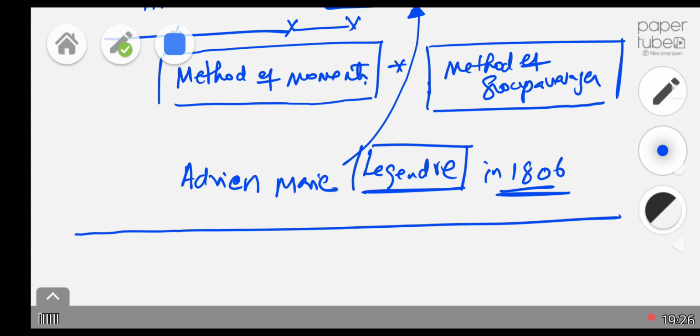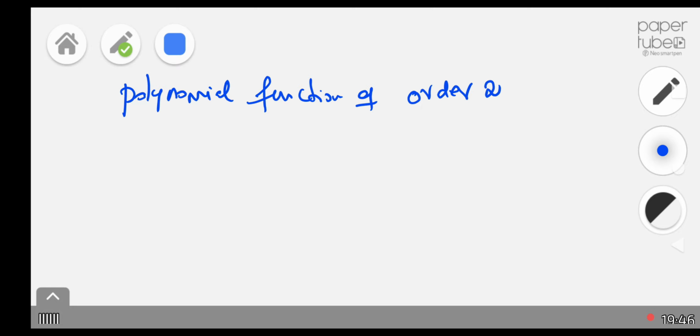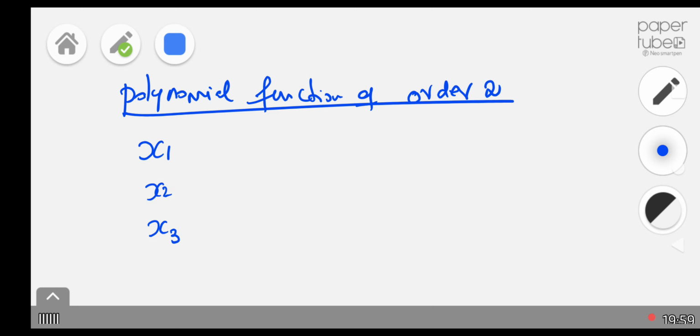So let's try to solve a few functions using the method of least squares. Let's begin with a polynomial function of order 2. What do I mean by that? As I said before, say you have some data x1, x2, x3, x4, and x5.